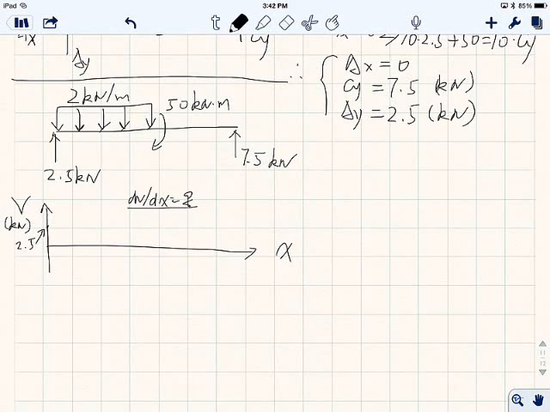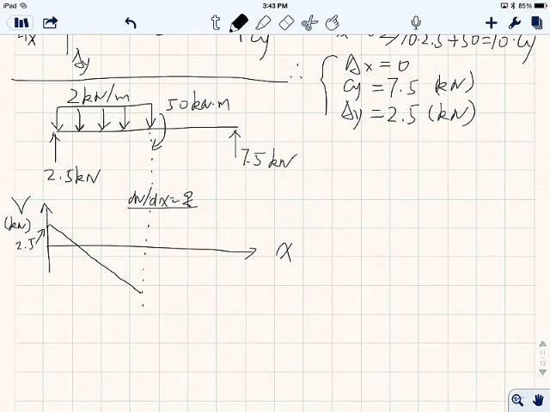So it's going to push the shear diagram downwards until the center point, right? And because q is constant, it is a straight line because the slope of the line is constant.